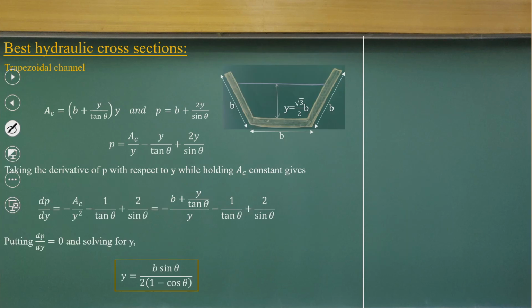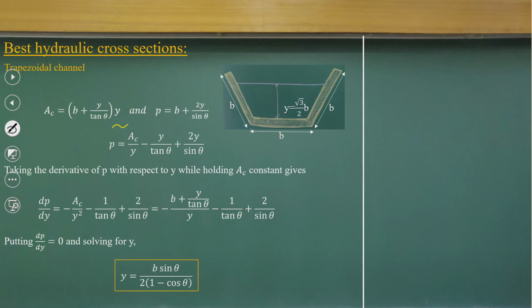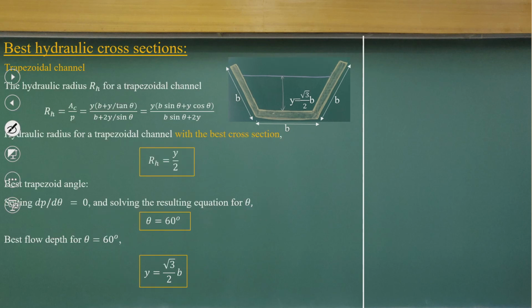In the same way, we can go for trapezoidal cross sections, where we define the area and perimeter, then we can again do this differentiation with respect to y, and we get y as a function of b and theta.